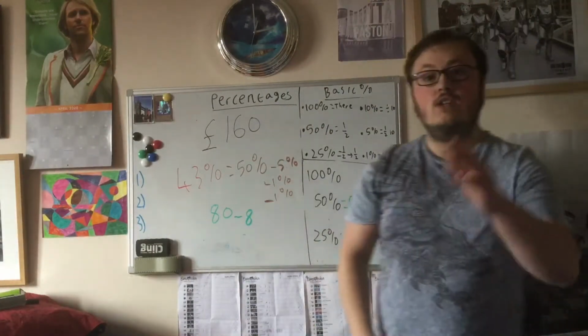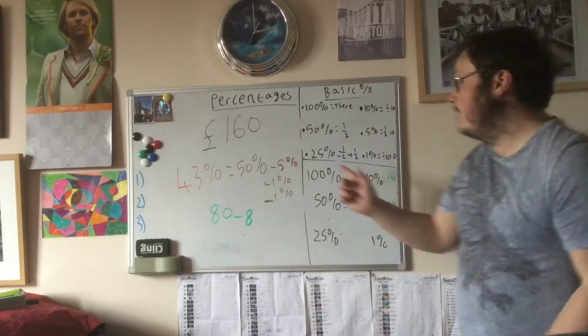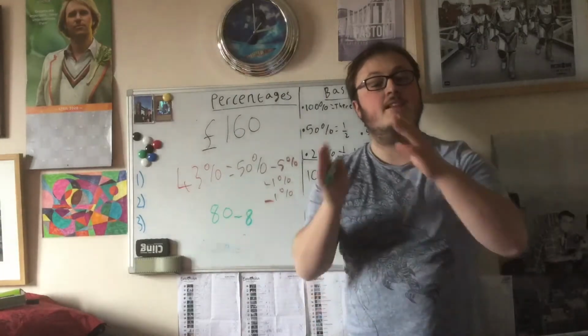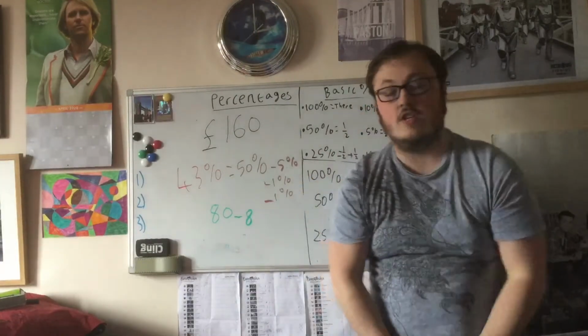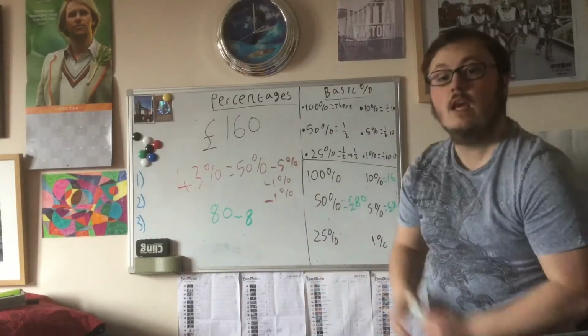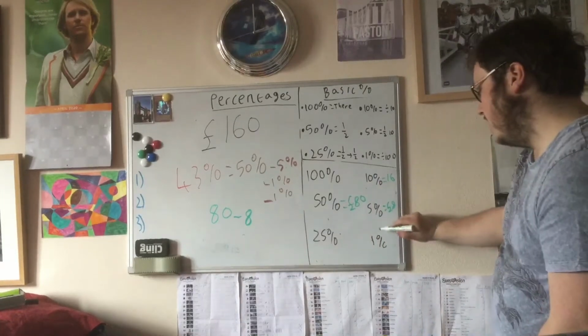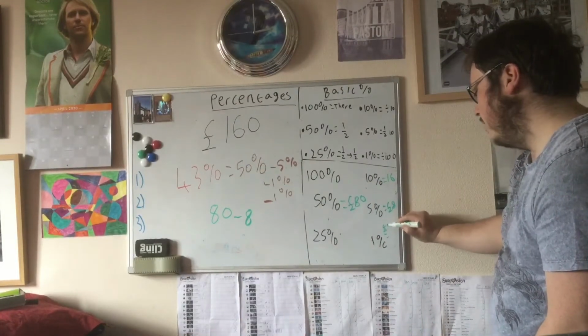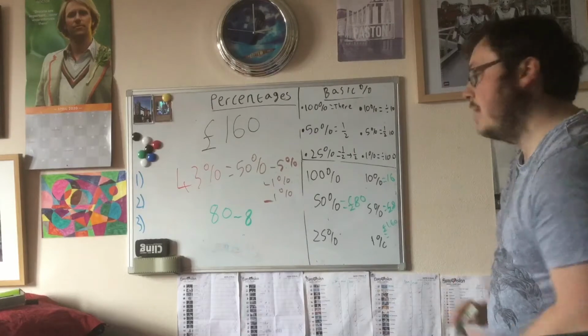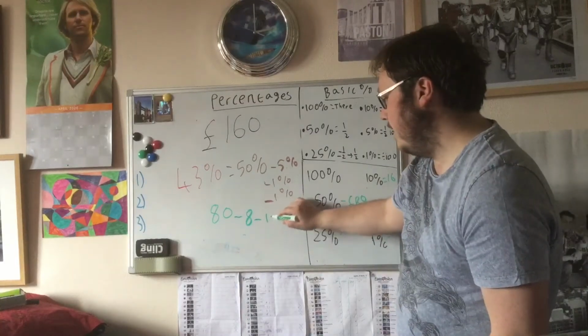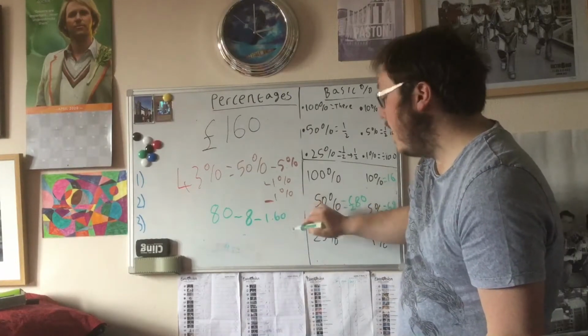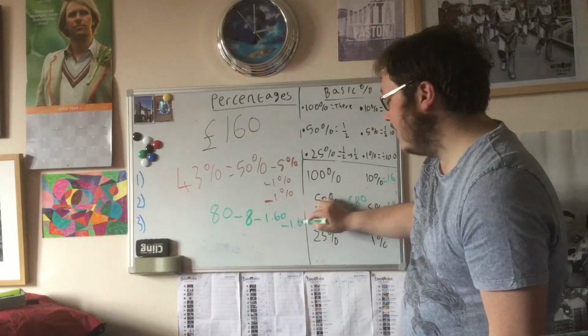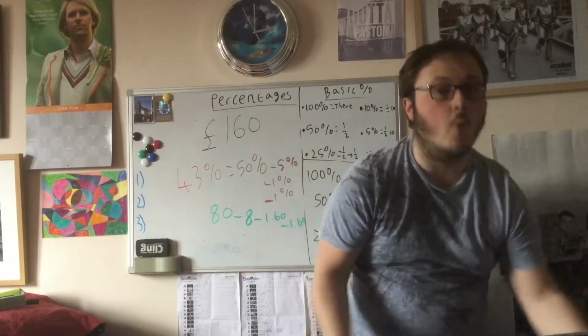Now how do we find 1%? Well, we divide our 100% by 100. So we divide 160 by 100. That will get us £1.60. So you take that away here, and then you take it away again, because we're taking away 1% twice.